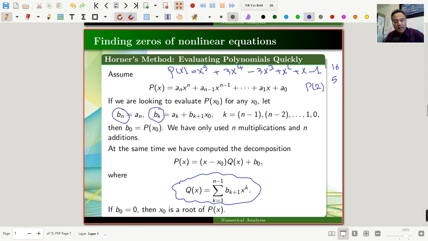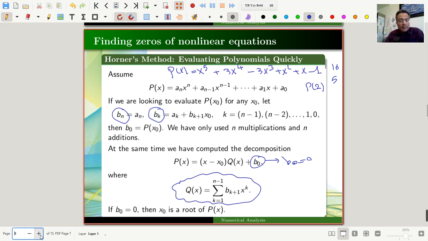Now we know that in this decomposition, if b0 equals 0, then x0 is a root of p of x. This is the Horner technique.